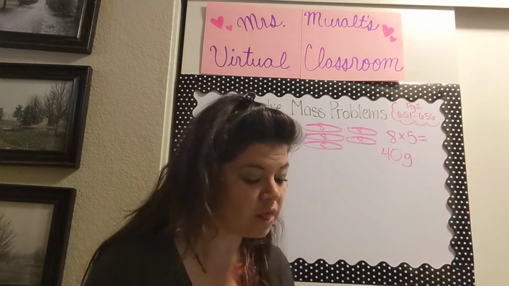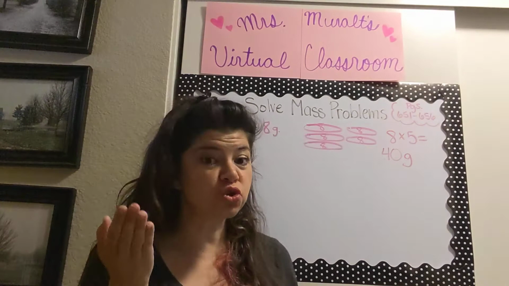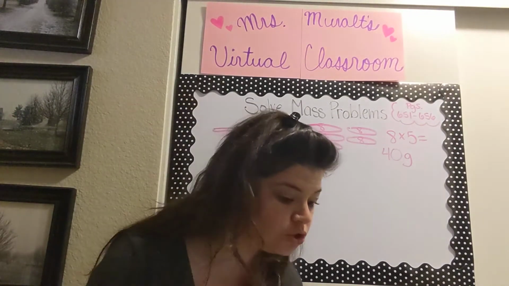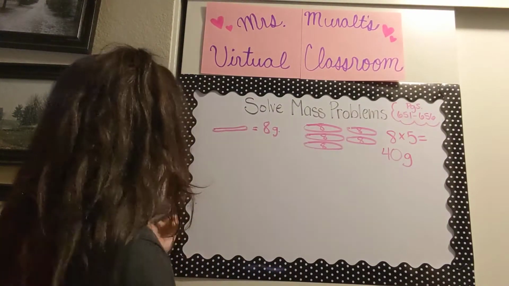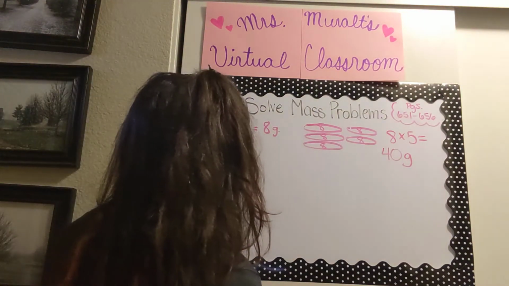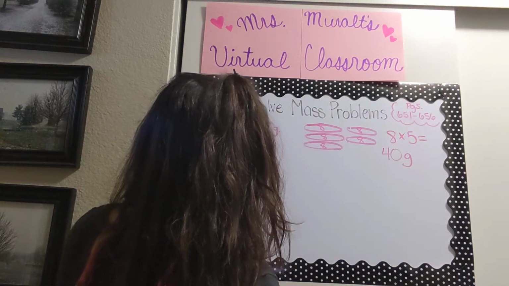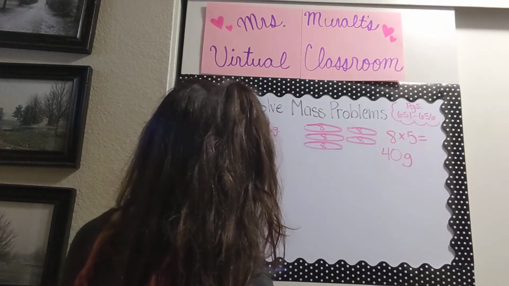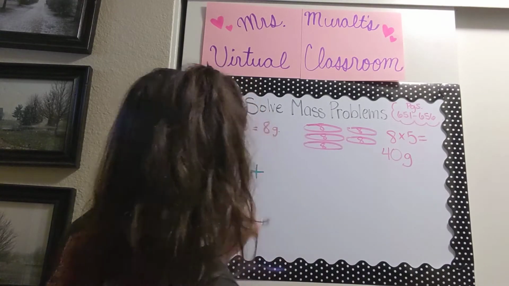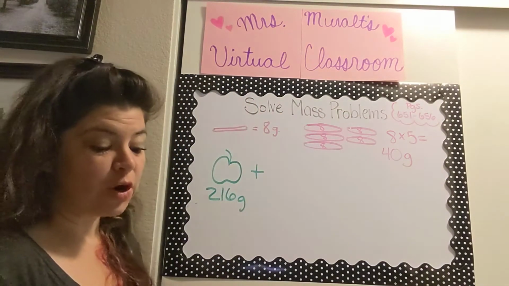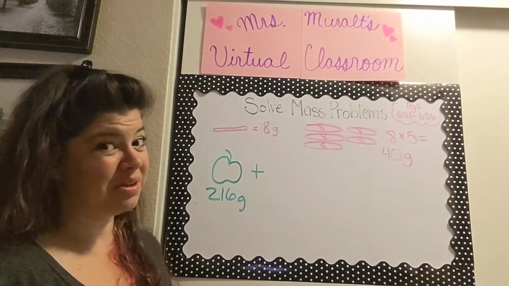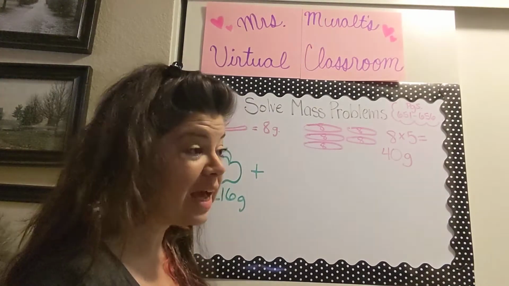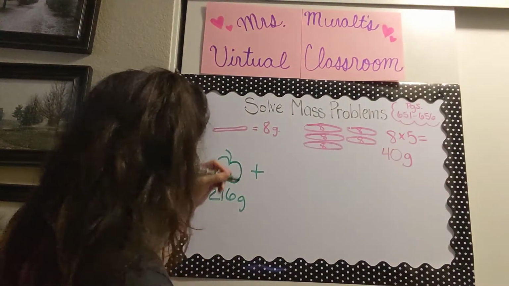So we know that the apple is 216 grams. So here's my apple. All right. And our banana, I'm going to draw it in green because yellow doesn't show up. Our banana is 132 grams.